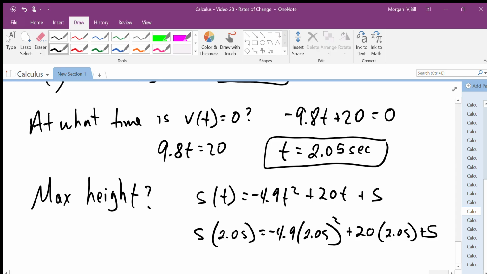Let's see, 2.05. But it'll help if you can type it in the calculator correctly.